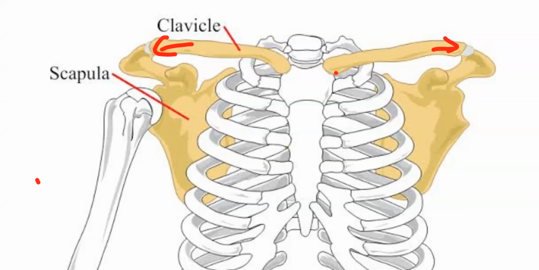If it is seen, it is articulated with which bone? Scapula. You got to be blind enough not to be able to see this thing. Such a clear thing you are not able to see. That the clavicle on its outer side, it is articulated with scapula.